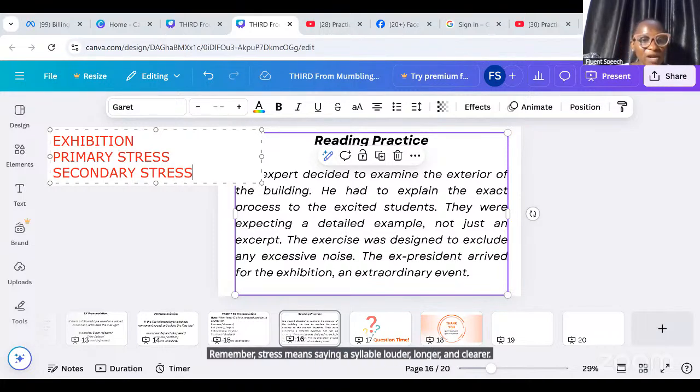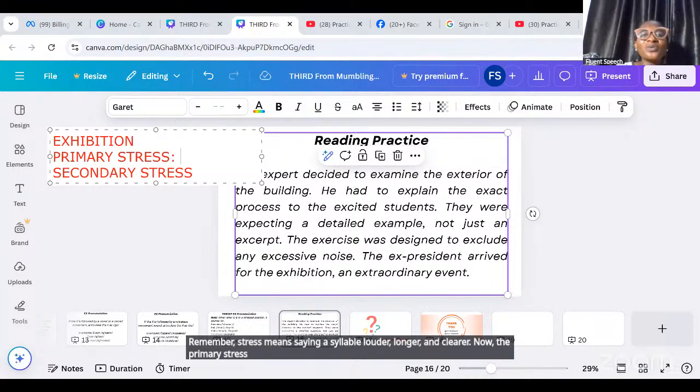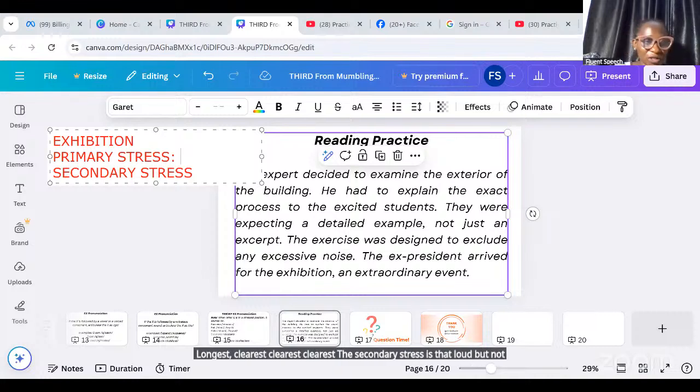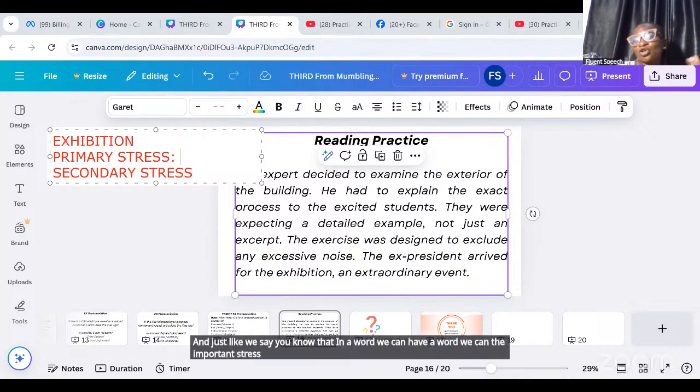The primary stress is a syllable that we say loudest, longest, clearest. The secondary stress is said loud, but not as loud as the primary stress. The secondary stress is said clear, but not as clear as the primary stress. The secondary stress is stressed long, but not as long as the primary stress. Just like in a word, we can have the important stress and another stress that is not so important.